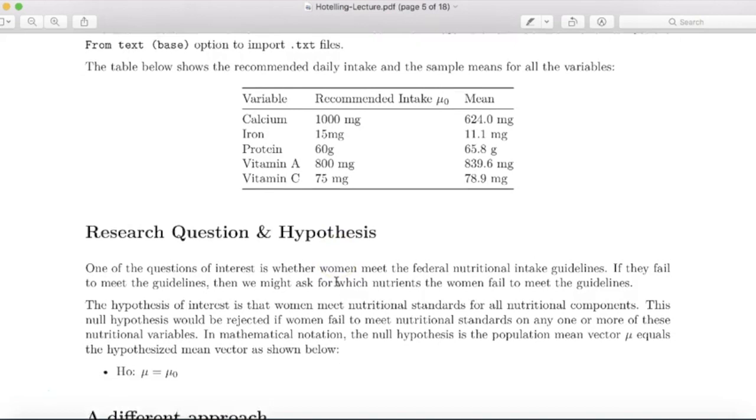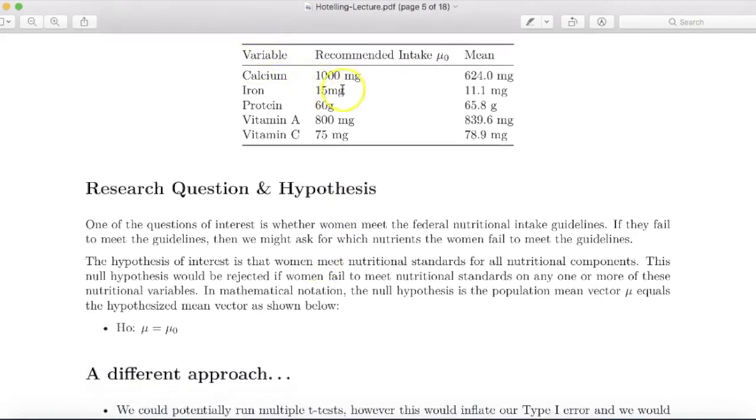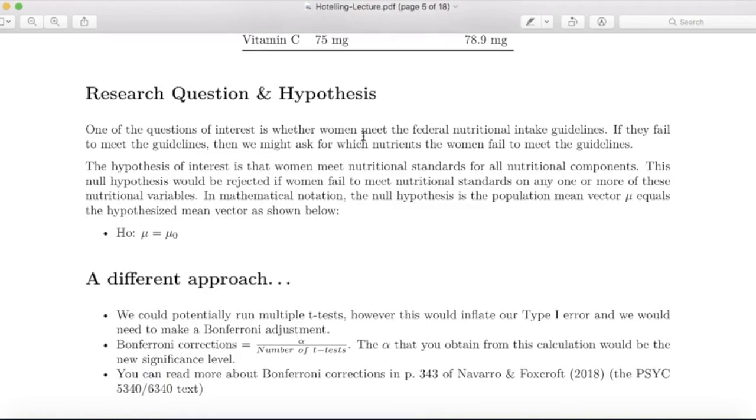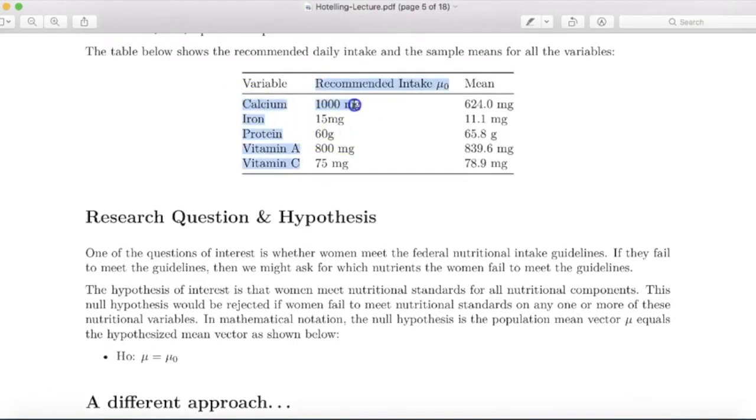We could take a different approach. We could do a t-test for each one of these, like a single sample t-test for each one. The problem is whenever we do multiple t-tests, we could inflate the type 1 error. For example, think about it this way. If I do a t-test for this one, if I'm using a 0.05 alpha, that's 5%. 5% of the time I could be incorrect and committing type 1 error.